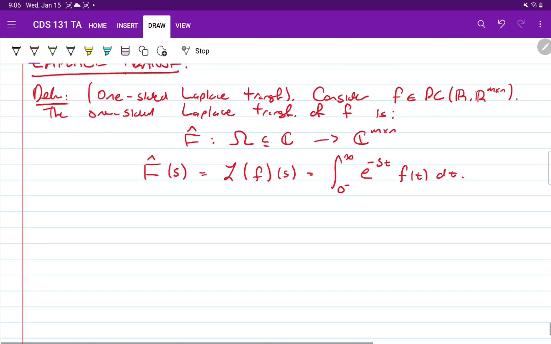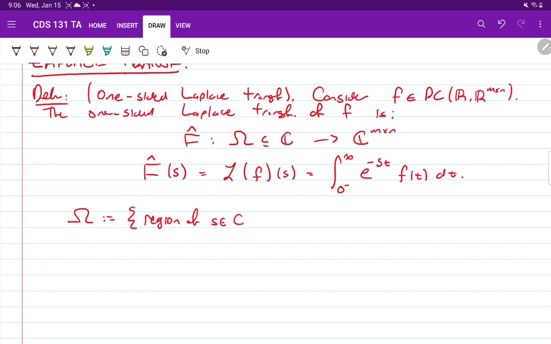Now I'm going to define this region delta over here to be the region of s in C where the integral converges absolutely. So if I take the magnitude of everything in the integral, it should be finite. And again, this is a subset of C.